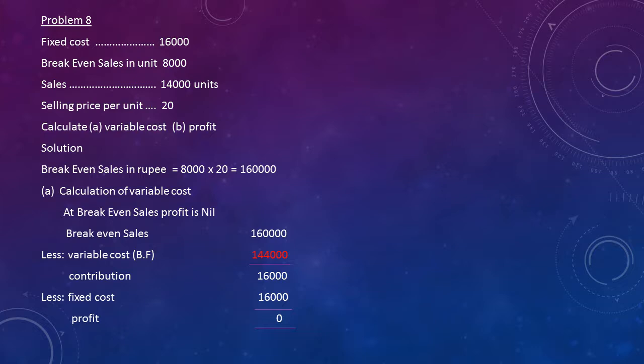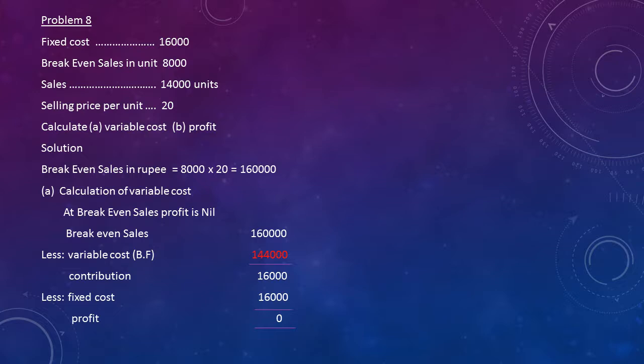Then we have to calculate the variable cost. If they are asked to calculate variable cost at the level of break-even point, we can ensure one thing: at break-even level there is no profit or no loss. That means profit will be zero. Here break-even sales is 1,60,000. Then less variable cost; we don't know the variable cost, but we know the contribution amount and fixed cost.